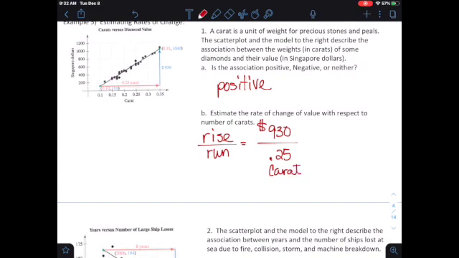And now we make sure we simplify and reduce. If you punch it in the calculator, that's going to come out to be $3,720 per carat.